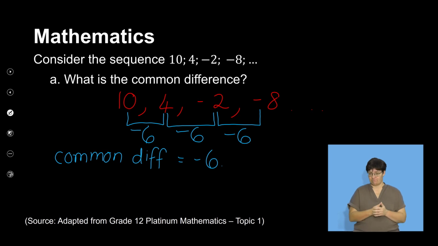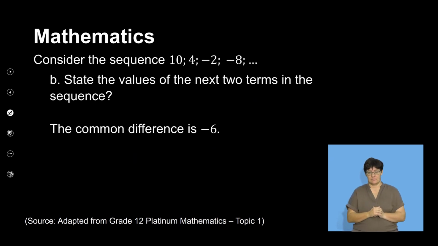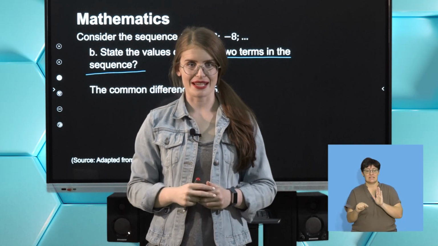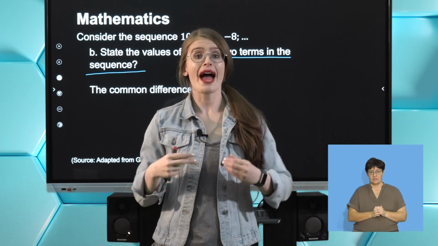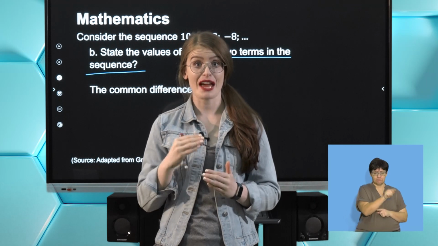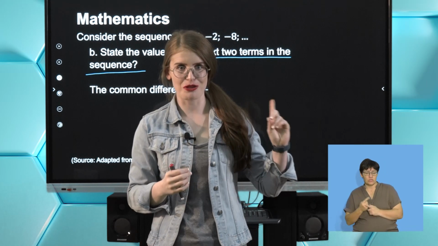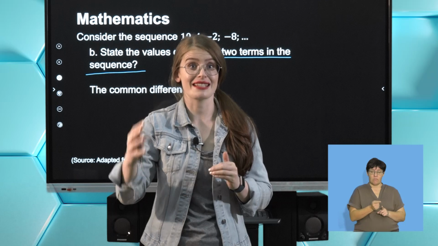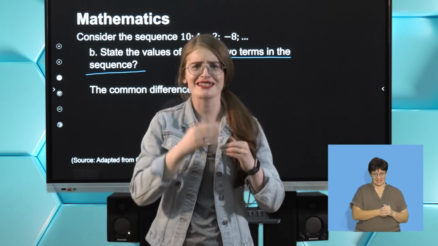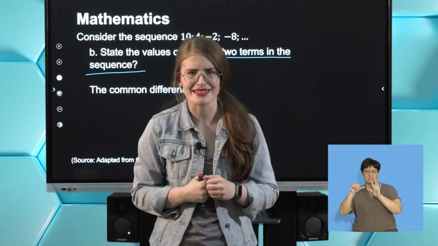Cool, let's move to question B. So we now need to state the values of the next two terms in the sequence. Great, so we've established that the common difference is negative 6. So in order to actually determine the value of the next two terms, I'm going to have to subtract 6 from the last term given, and then subtract 6 again.